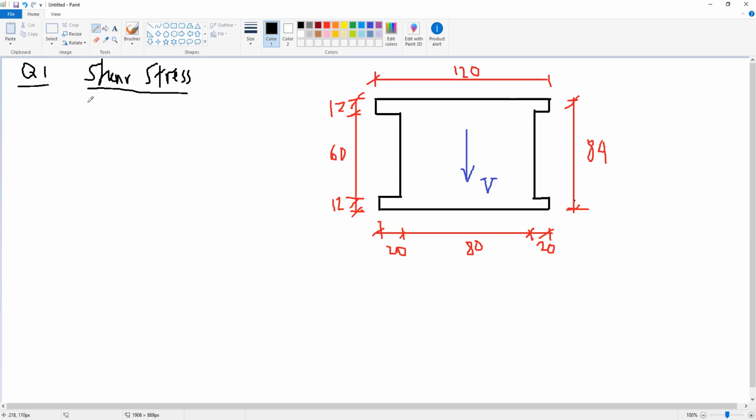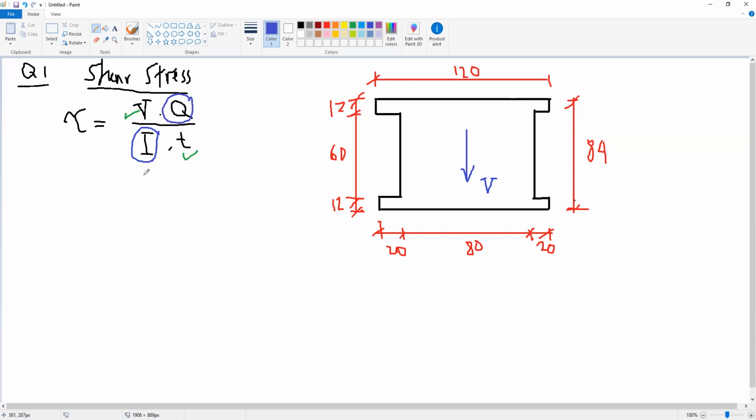As we said, tau equals V, the shear force, times Q, the moment of area at the section, divided by I, the inertia, times T. What we know up to now is the shear force V given to us and the section thickness T. What else do we need? Q and I.